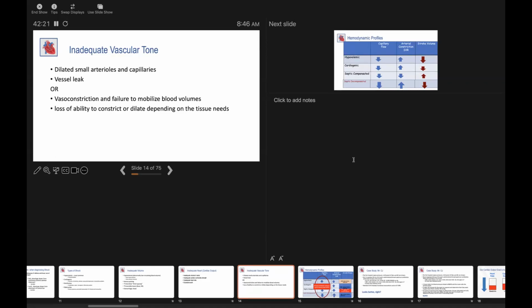The other forms of that loss of vascular tone, two more, are probably not always so obvious. One of them is post-anesthesia. It's highly documented, post-anesthesia vasoplegia.